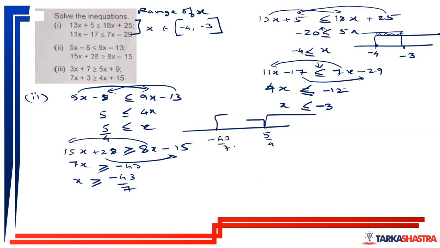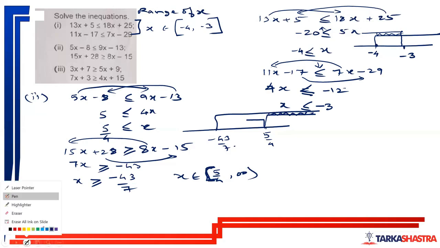All the values greater than this will work. So the common range is after 5 by 4. So x belongs to 5 by 4 to infinity. Now that we have greater than or equal to, we will use a closed bracket over here, and up to infinity, infinity cannot be contained in a closed bracket, so we use a round bracket over here.